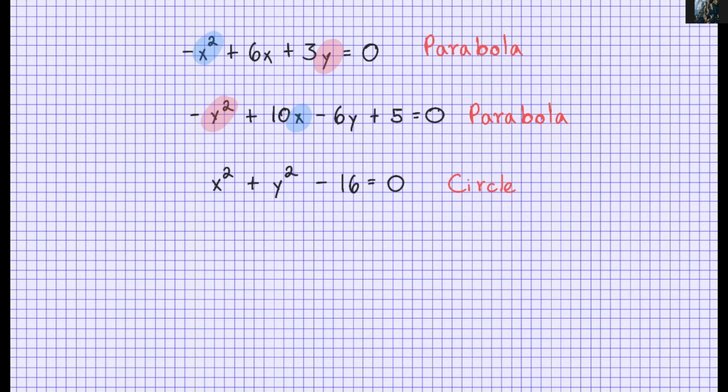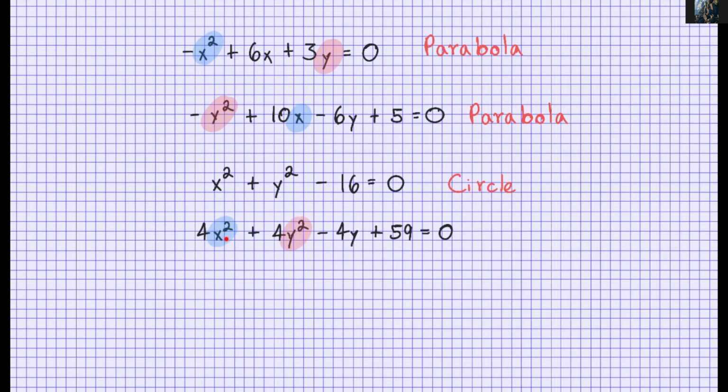Another variation will look something like this: 4x squared plus 4y squared minus 4y plus 59 equals 0. Again, I check my x variable and my y variable.